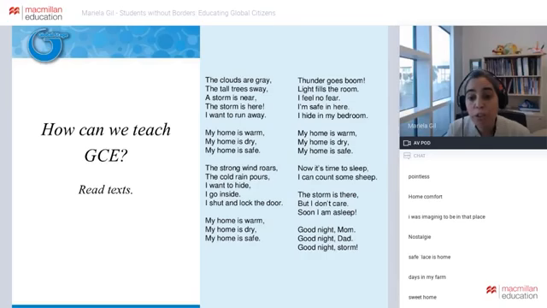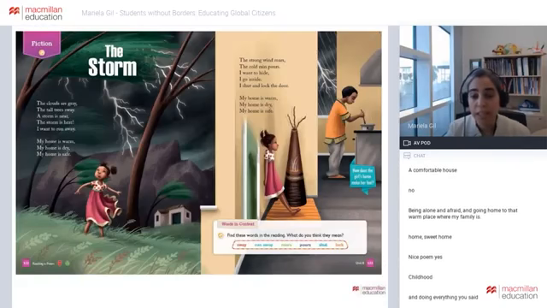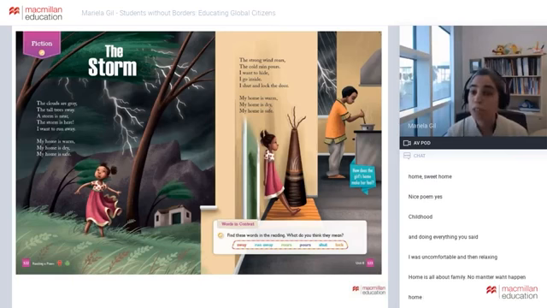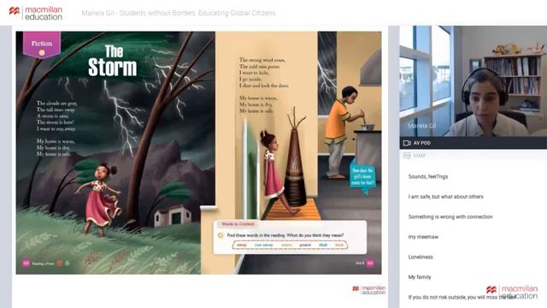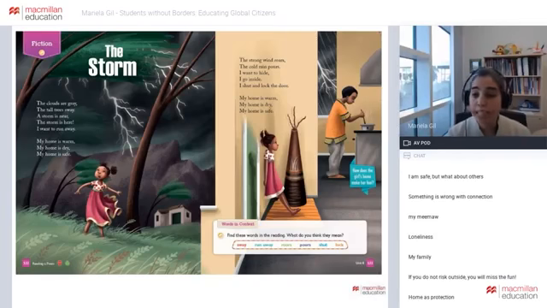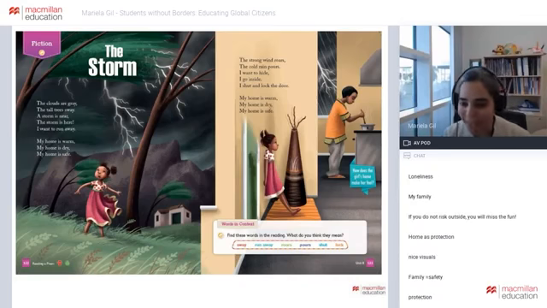So I am now going to show you how this text looks in Global Stage. This poem is called The Storm, and these are the first 2 pages of the text of the poem. Now look at the images that we've chosen to go with the poem. Are they similar to what you had imagined?